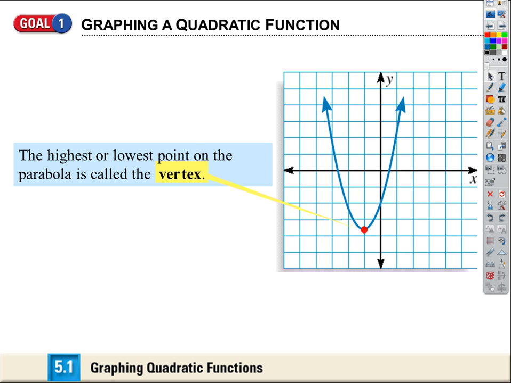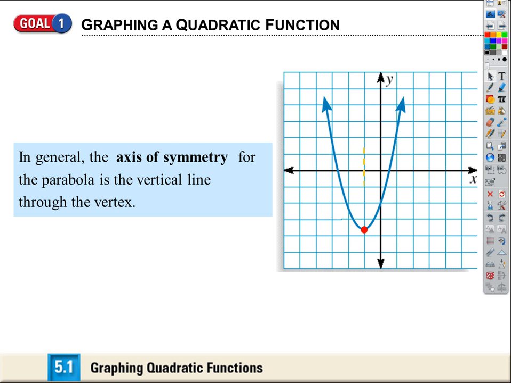There are some characteristics of these guys. For one thing, you can see right now that they are symmetrical about a center line, aren't they? If we draw a vertical line through the vertex, that's the axis of symmetry. We could fold them over on themselves or reflect them on themselves, and they would overlap perfectly, right? With wet ink, I could start at the vertex and graph one half of this thing and just fold the page along that center line to make the other half.